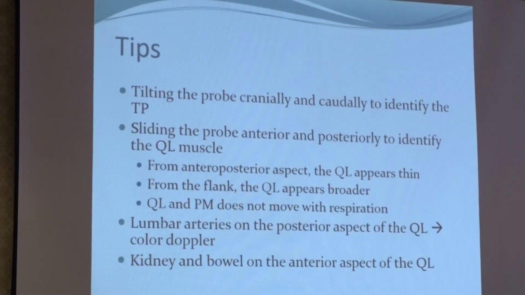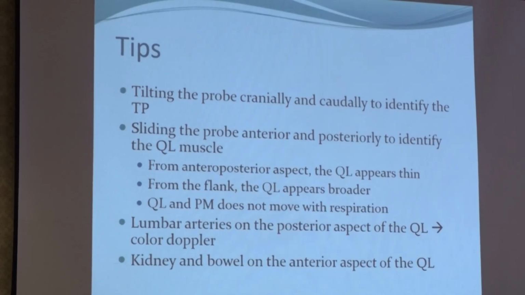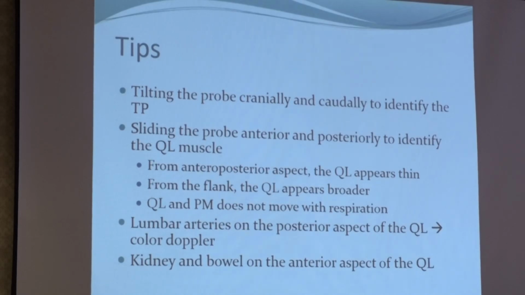Some tips, because you are using a low-frequency probe: you need to identify the transverse process. Sometimes you need to tilt your probe cranially and caudally to get the best image, and slide the probe anteriorly and posteriorly. How do we differentiate the quadratus lumborum muscle from other structures?